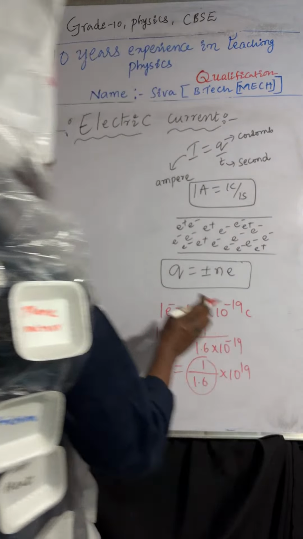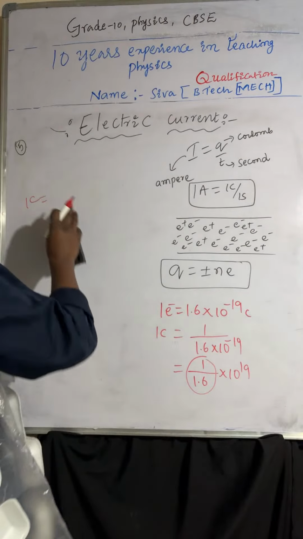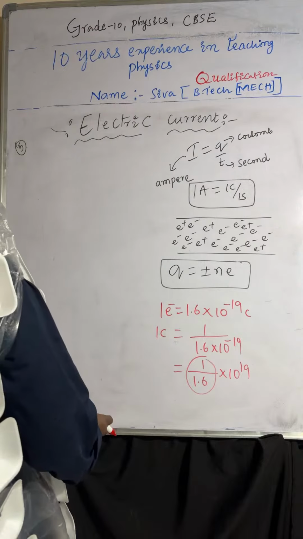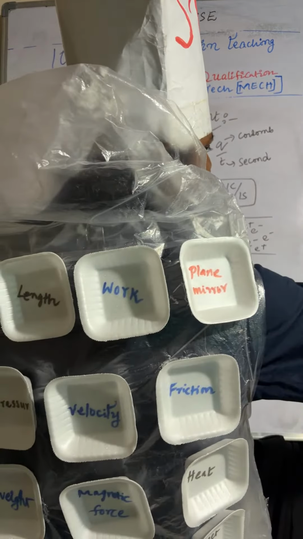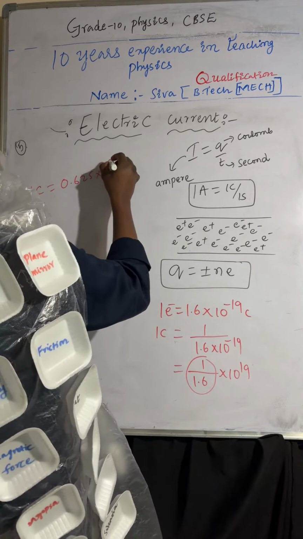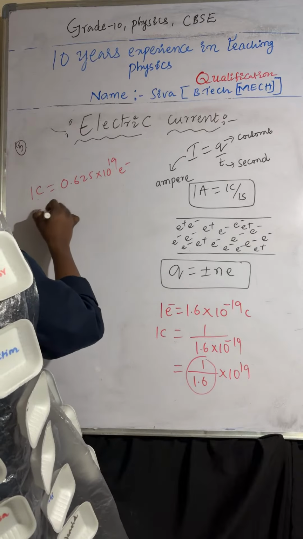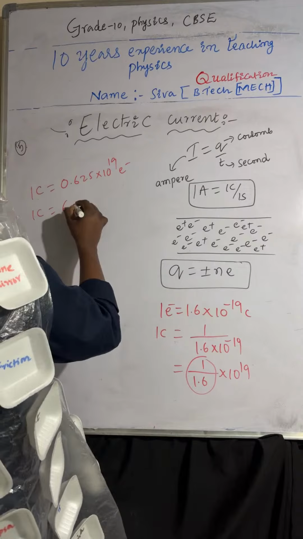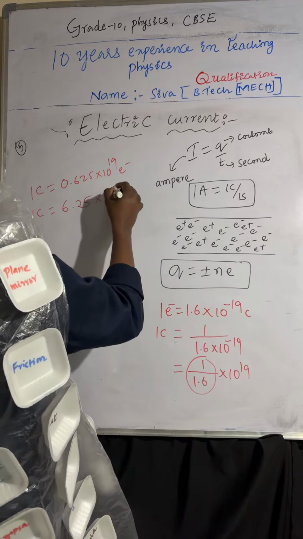If you solve this, you get 0.625 into 10 power 19 electrons, which after adjusting is 6.25 into 10 power 18 electrons. I hope it is very clear. This is the answer.